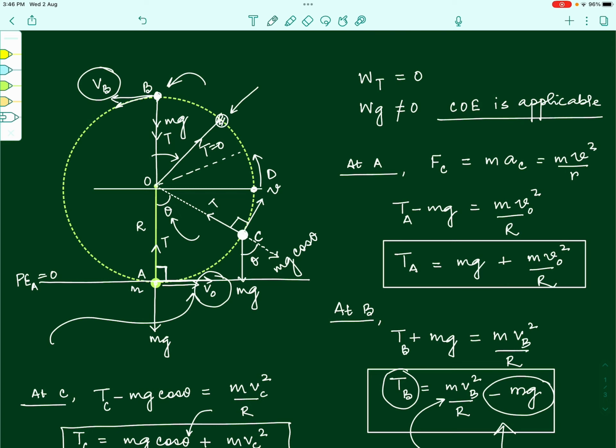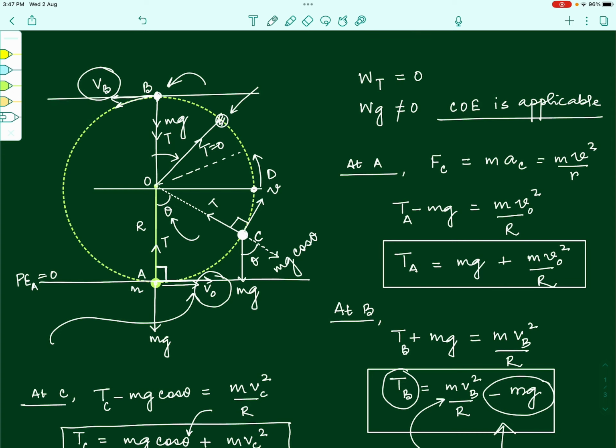As we have discussed in the previous video, potential energy is not an absolute quantity, it's always relative. We always find potential energy with respect to a certain point, so that reference point we have to fix on our own. Here in this case, let's fix that reference point at the point A. If the potential energy at A is 0, what will be the potential energy at the level B?